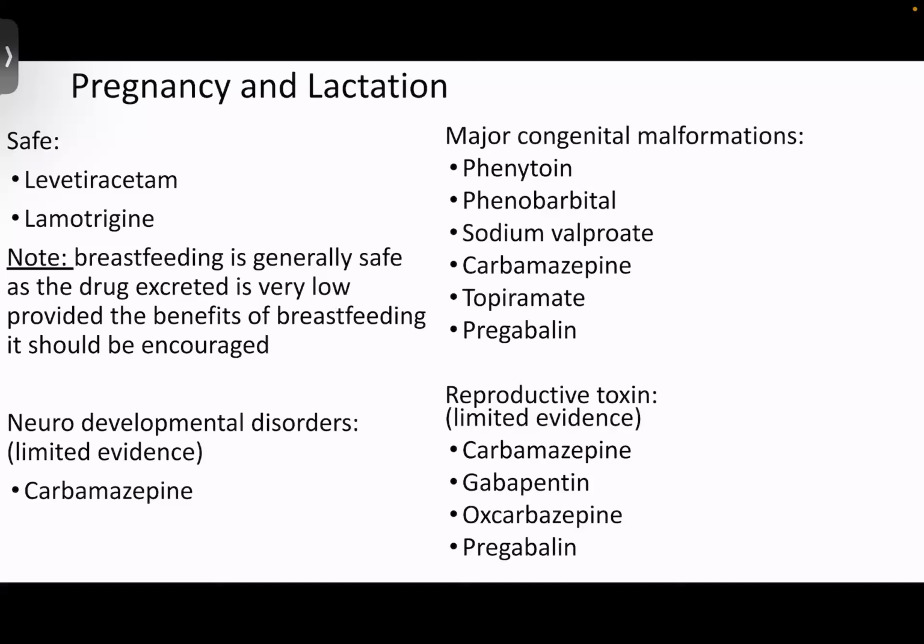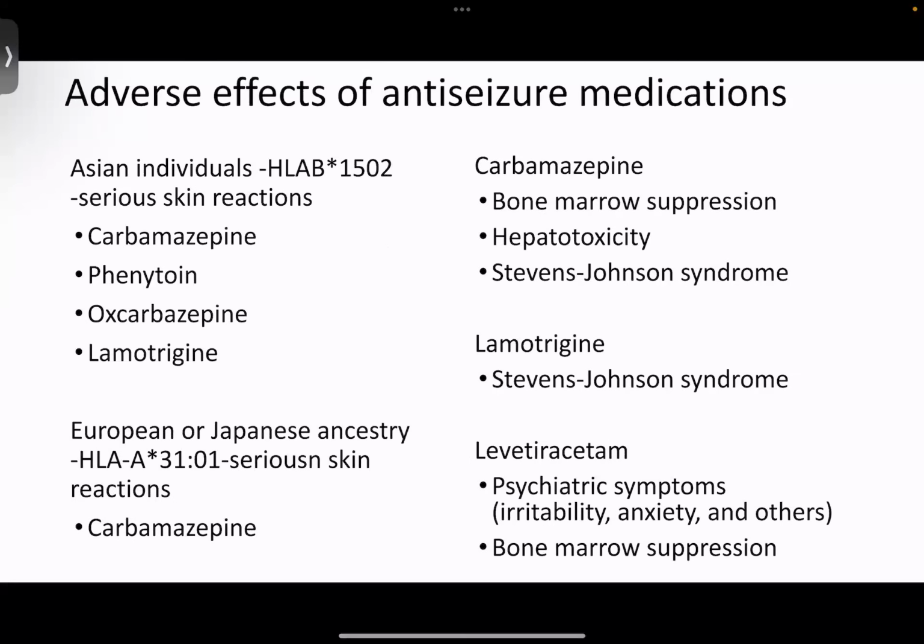Some drugs are associated with neurodevelopmental disorders like carbamazepine, though the evidence is limited. And some reproductive toxin anti-seizure medications are carbamazepine, gabapentin, oxcarbazepine, and pregabalin. These are pertaining to pregnancy and lactation.